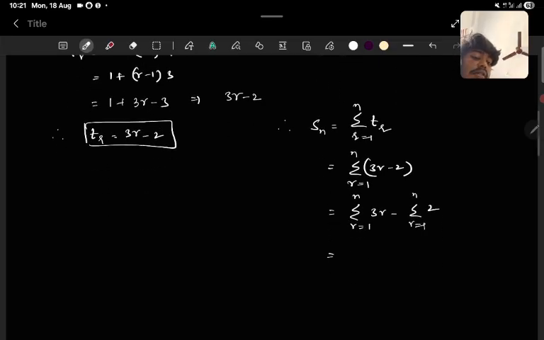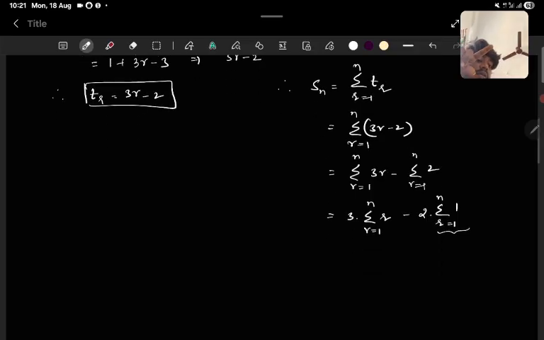As we already know, if any constant is there, we are going to take it out of the box. So 3 times summation r from 1 to n of r minus 2 times summation r equals 1 to n, 1. Now here 1 is added n times, 1 plus 1 plus 1 plus 1 and so on. How many times will it be? n times, so it will be n.